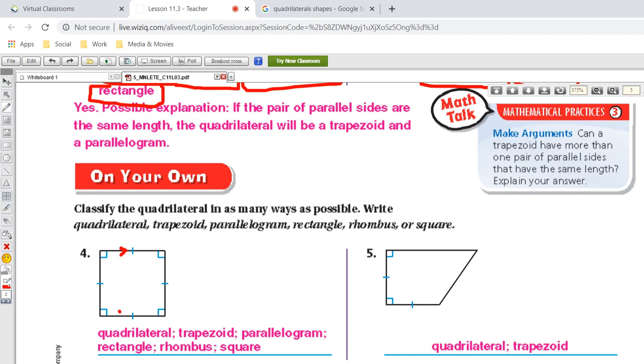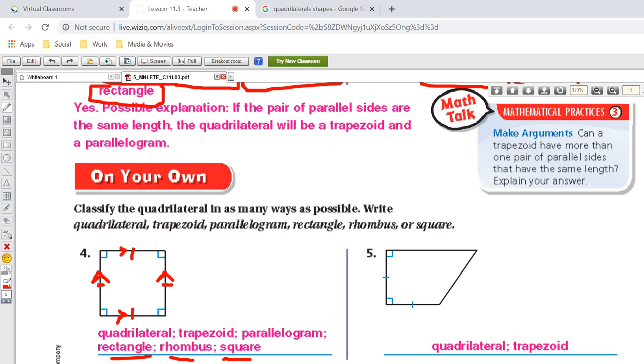Yes, so we can say that this shape is parallelogram. We ask again, we have right angles in each corner, so we can write rectangle. And we have also all sides congruent, then we can write rhombus. And the last one, this is a square, because all sides are equal and all angles are right. This is a property of square.